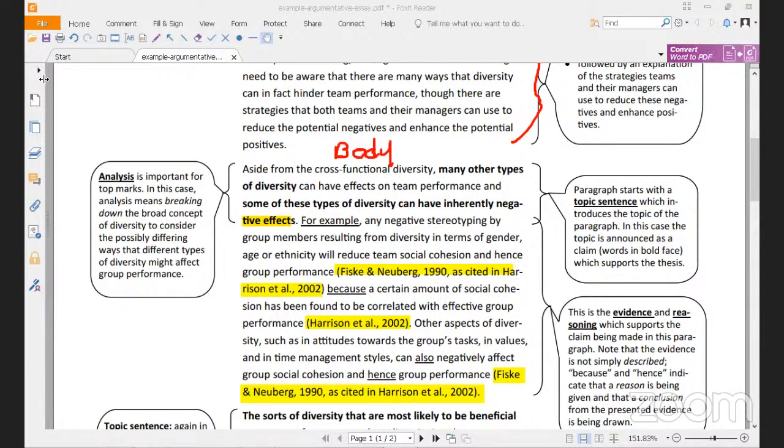Other aspects of diversity, such as attitude towards the group tasks, in values and time management styles, can also negatively affect group social cohesion and hence group performance.